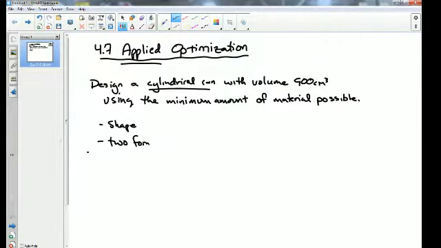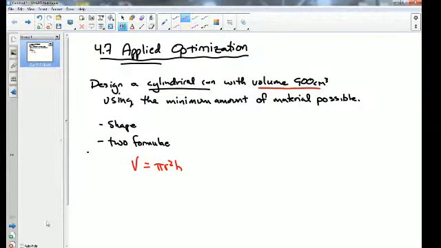Okay, so what two cylinder formulas do we have here? Volume. That's obvious, right? So volume equals what? You know what to write down here. Pi r squared h.